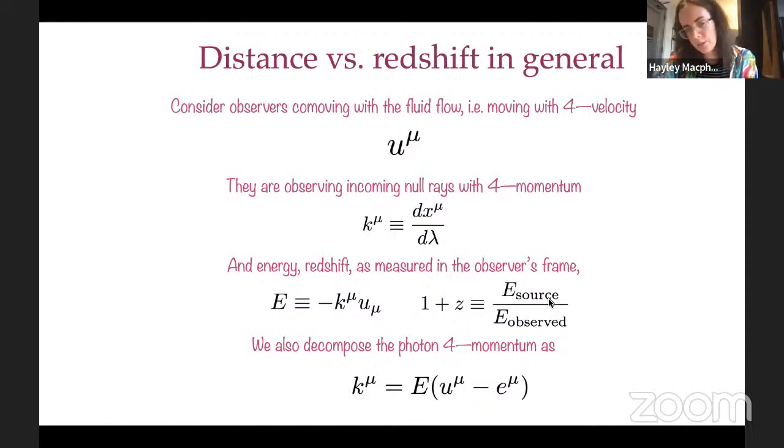And then the redshift is just defined as the ratio of the energy at the source to the observed energy. And one thing we'll make use of is this decomposition of the photon 4-momentum, where it's normalized by the photon energy, and we've split it up into two components, one along the direction of the observer's 4-velocity and another one defined by this vector e^μ, which you can just think of as the position of the source on the observer's sky, so just the direction that the observer is looking.